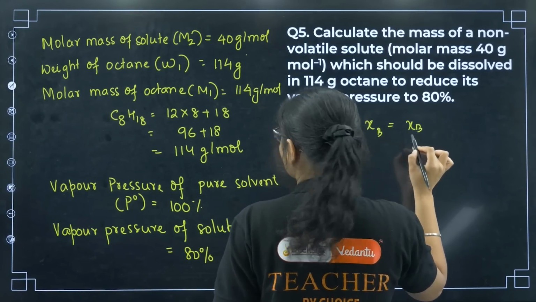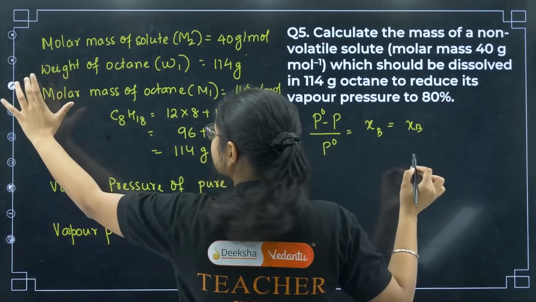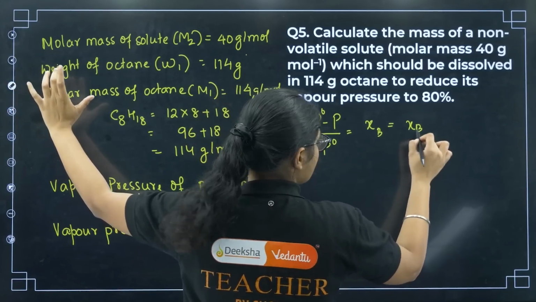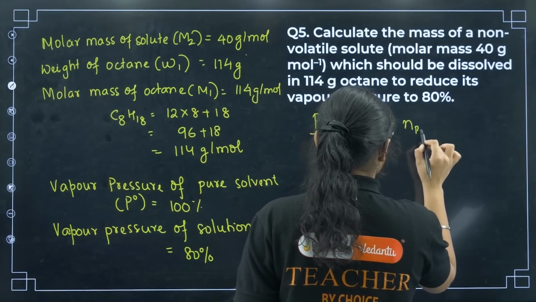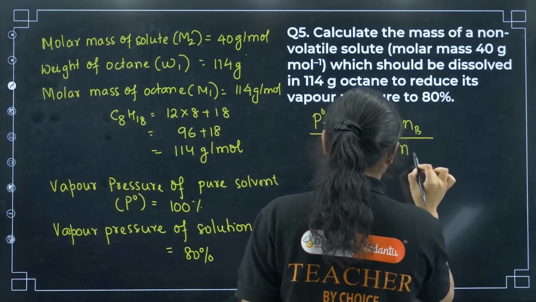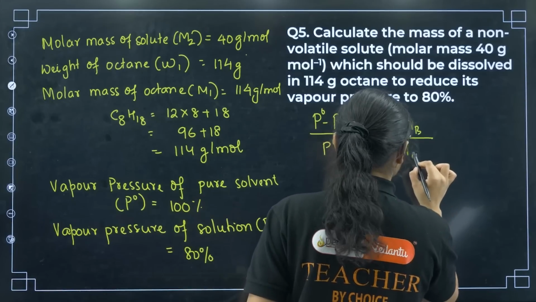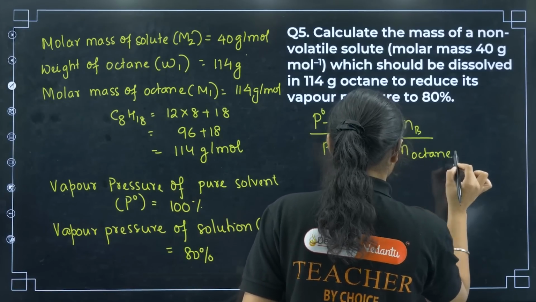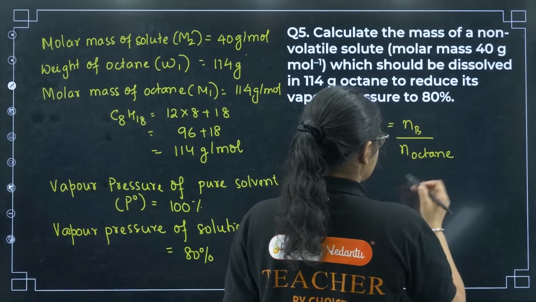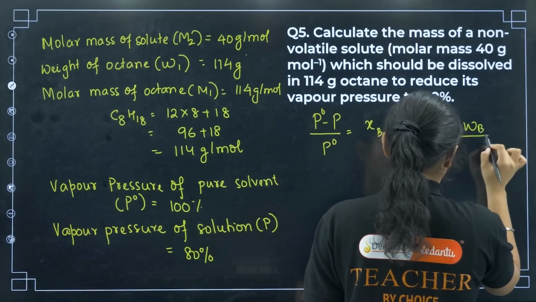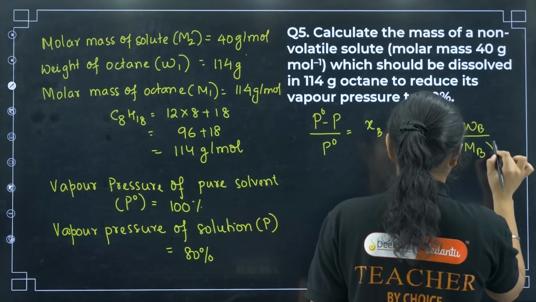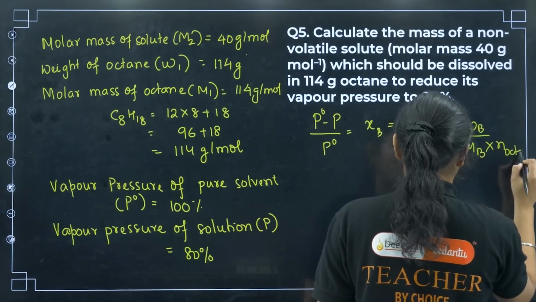XB is equal to number of moles of solute by number of moles of solvent, and I know the solvent is octane. Right, now here also I can further write this one as WB by MB into number of moles of octane.